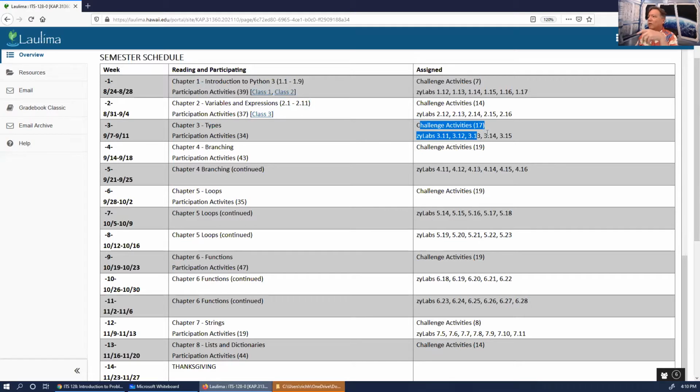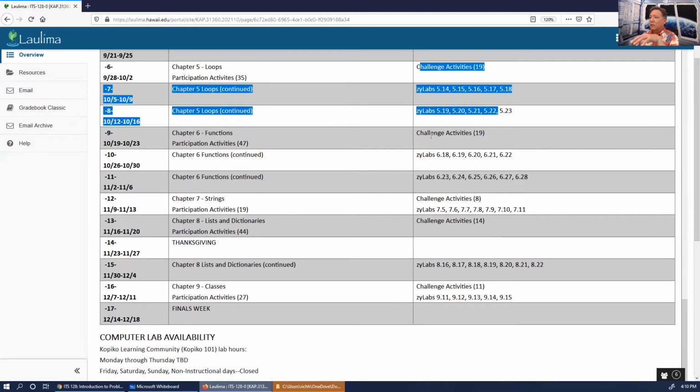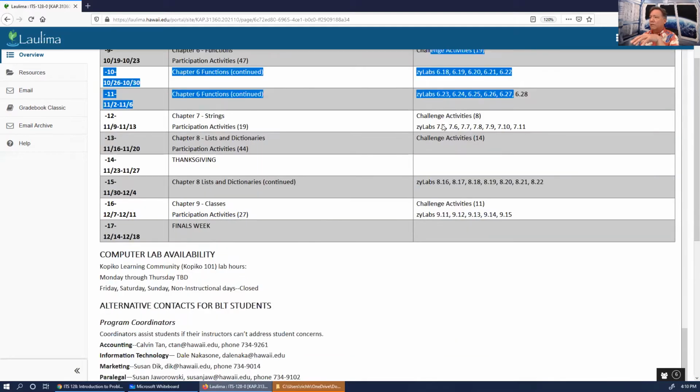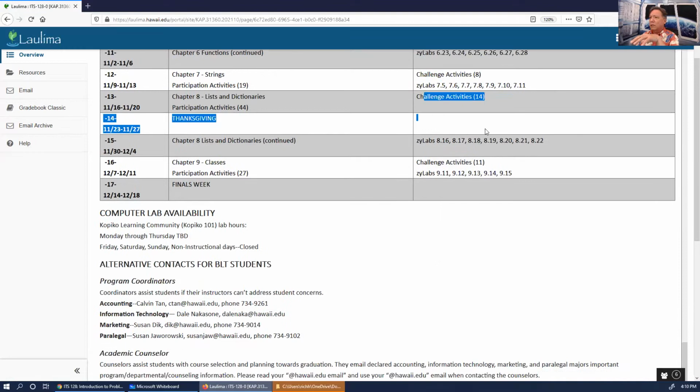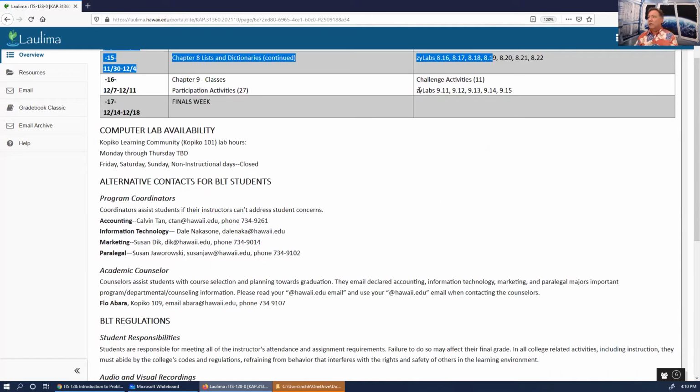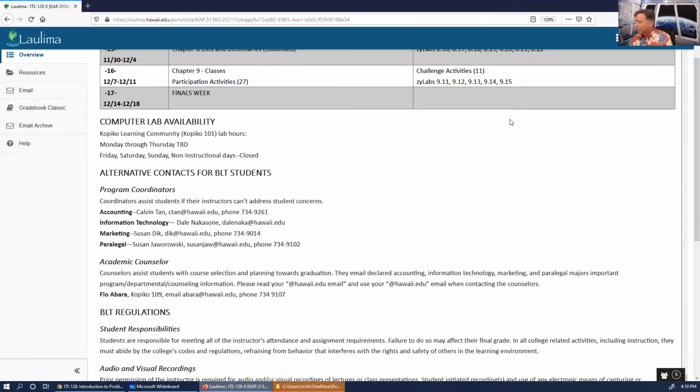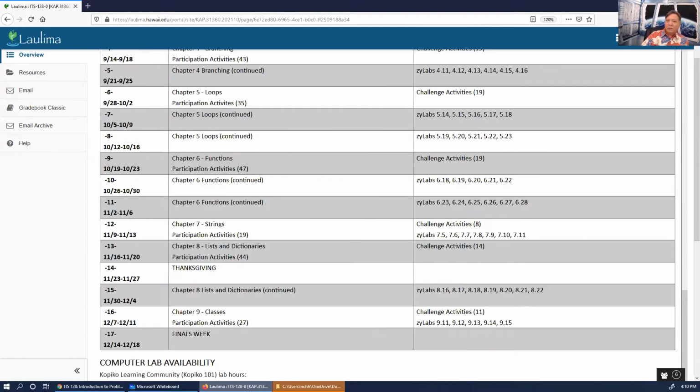Chapter 3 is a 1 week chapter. Types is pretty fast. Chapter 4 is the 2 week chapter. So chapters 1, 2, and 3 are pretty short chapters, only 1 week chapters. Then 4 is a 2 week chapter. 5 is a 3 week chapter. 6 is a 3 week chapter. 7 is a 1 week chapter. 8 is like a 3 week chapter, and 9 is like a 1 or 2 week chapter. Okay, that makes better sense.